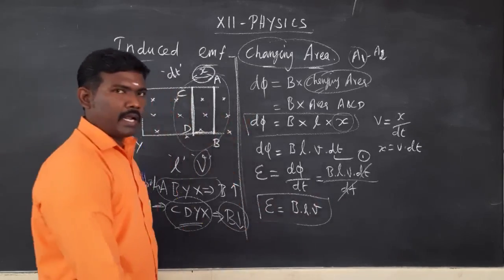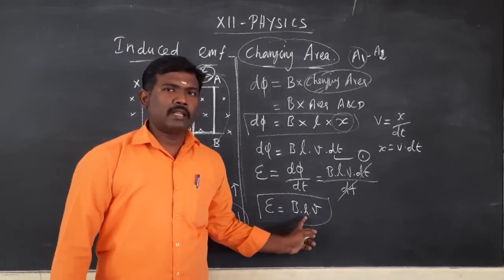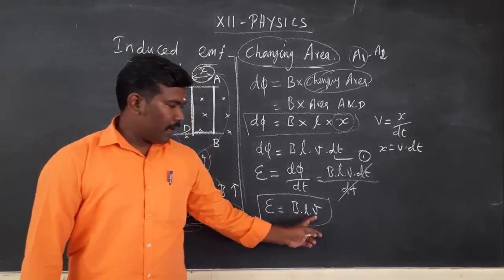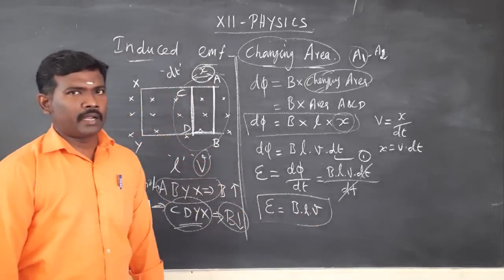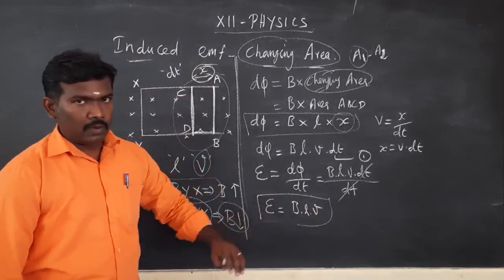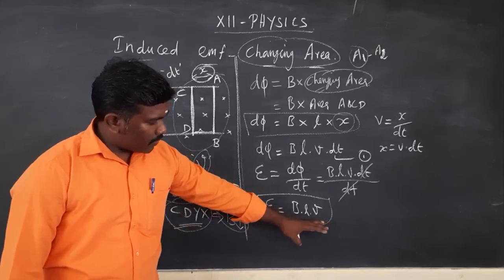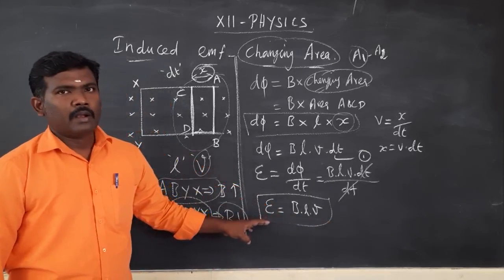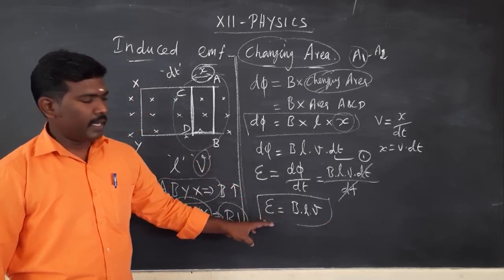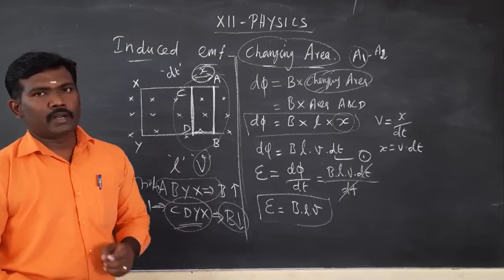B is the applied magnetic field, L is the length of the conducting rod and v is the velocity of the conducting rod. So all the values are known values.